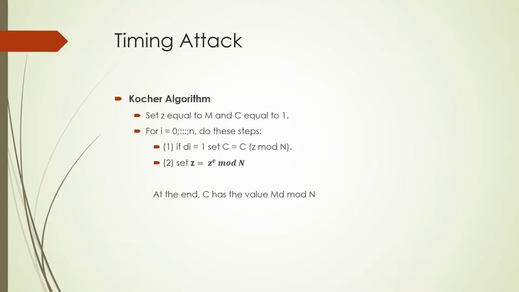Then for the values of i to n, it would check to see if the bit is one, and if it is, I will set c equal to c times z mod n, and then it would set z equal to c to the power of the public key e mod n. At the end of the whole process, it should provide c as a value that equals your message m to the private key d mod n.